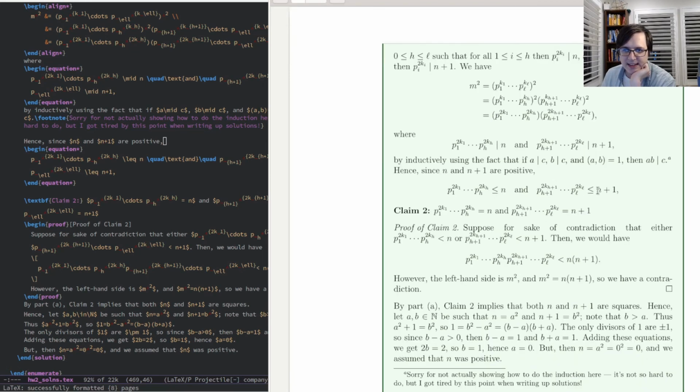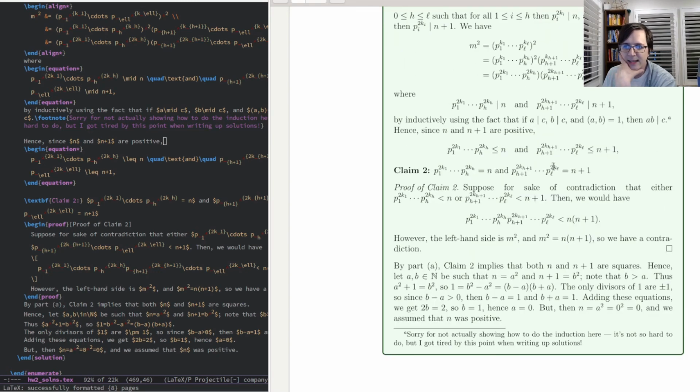And then we say that it's actually an equality, because if it weren't, where one of them or both are less than, then we can take their product and get that the product is less than, but the left hand side is m squared. But m squared is this product because that's what it was defined to be. So that's a contradiction. Okay, so they're equal.